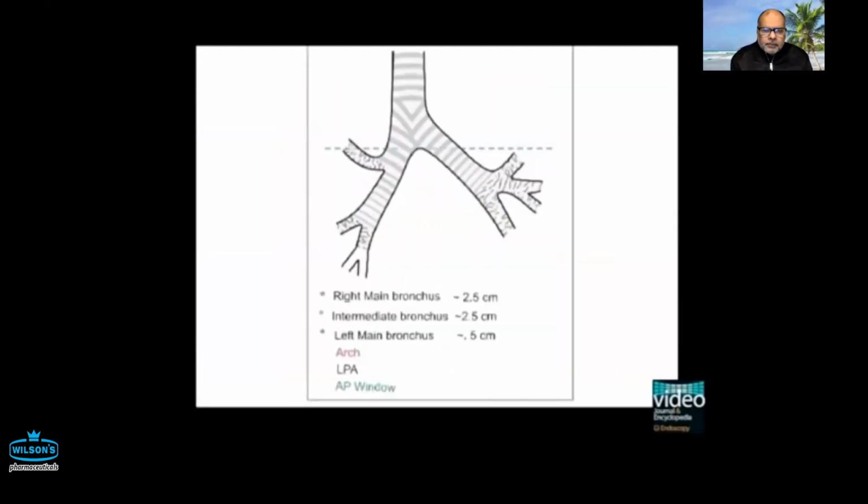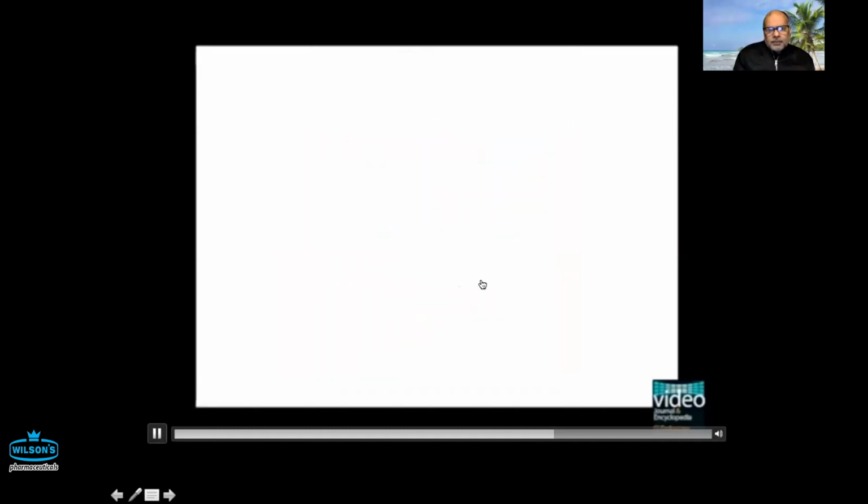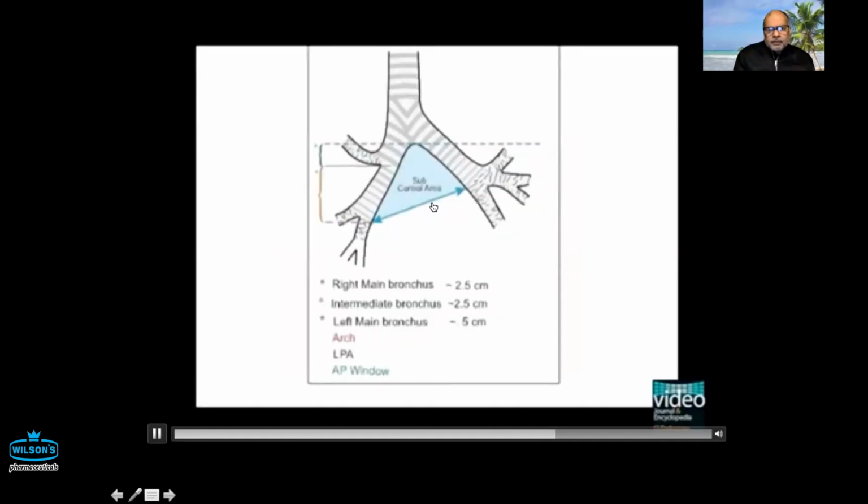The subcarinal area is a pyramidal space, the tip of which lies at the tracheal bifurcation. The right boundary is formed by the right and intermediate bronchus. The left boundary is formed by the left main bronchus. The lower boundary is formed by the left atrium.